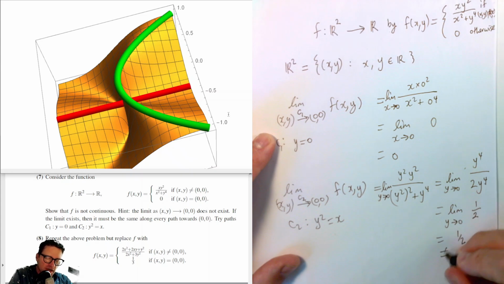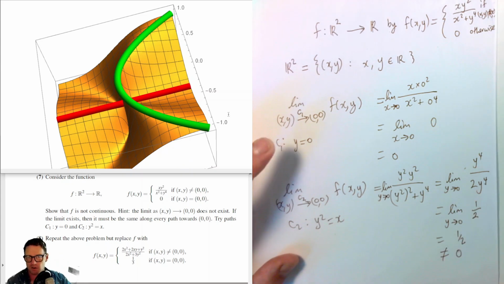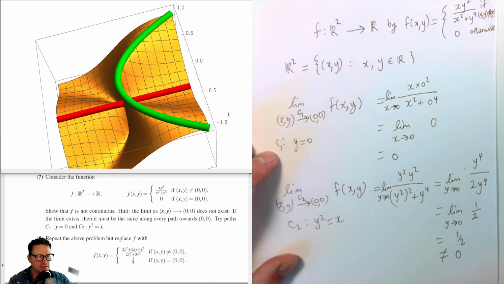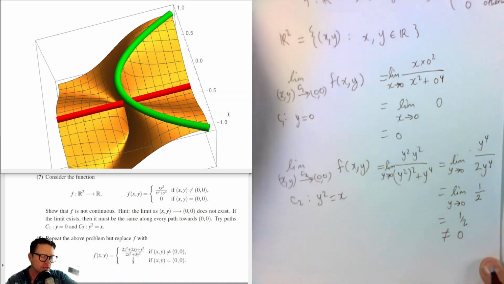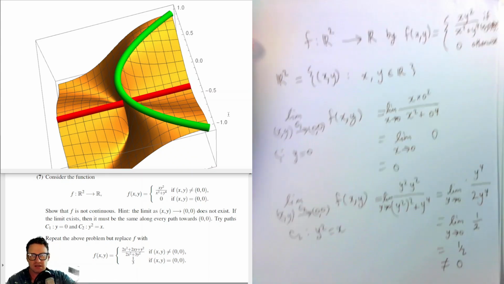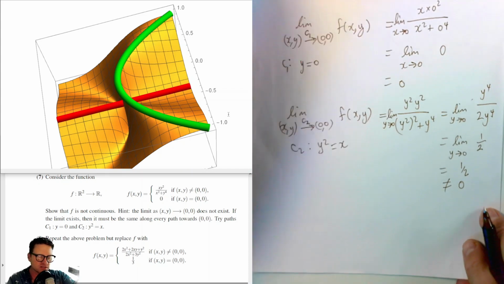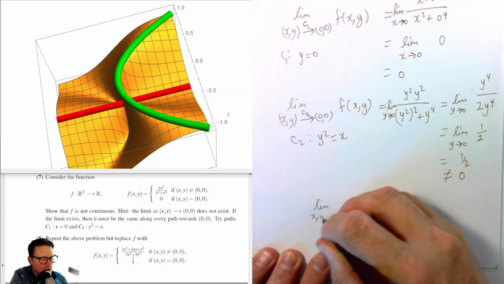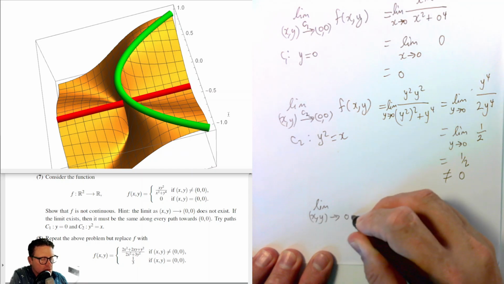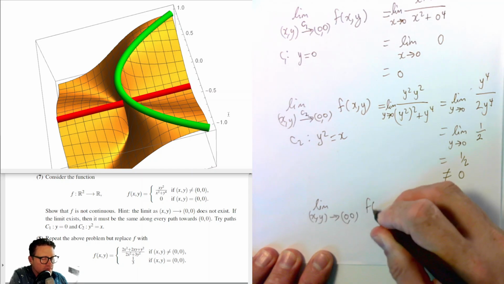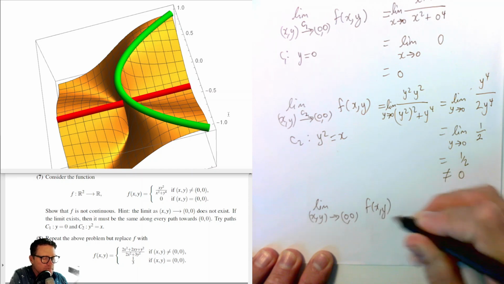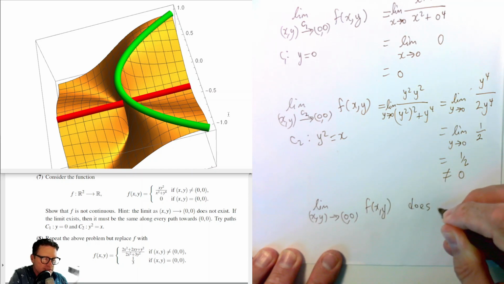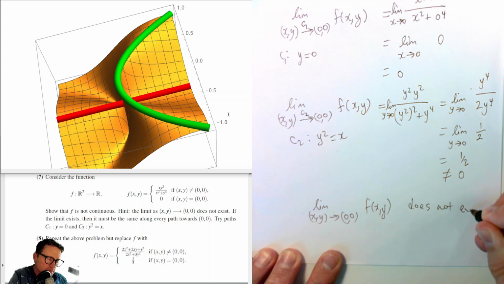Okay, now this limit is a half. And notice that 1/2 is not the same as 0. So we have two different limits. And so then we can conclude that since we have two different limits along two different paths, the limit as (x,y) goes to (0,0) of f of (x,y) does not exist, because it's ambiguous.